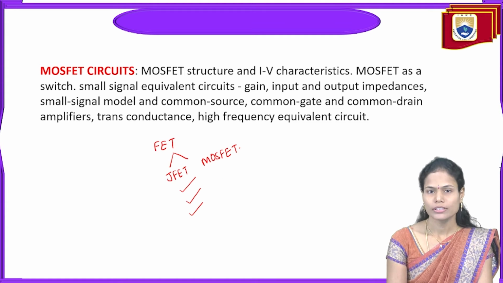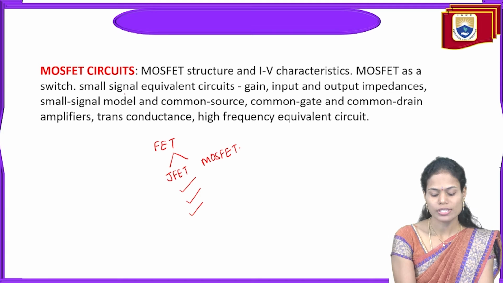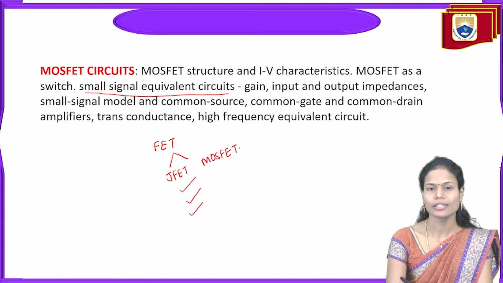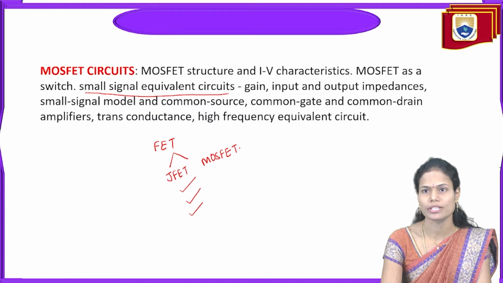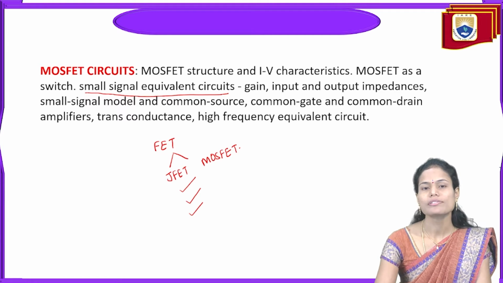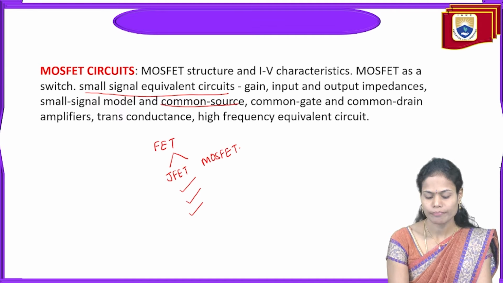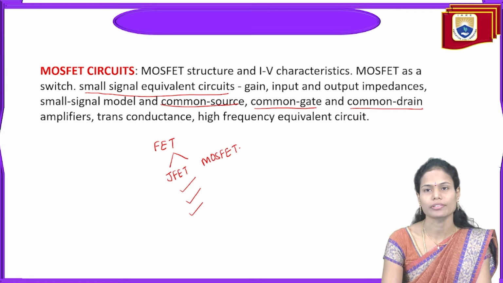And along with that, we are going to discuss small signal equivalent circuits of all the JFETs as well as MOSFETs. And we are going to discuss gain, input and output impedances from that small signal equivalent circuit. And the same small signal model we are going to see for all the types of amplifiers in the FETs. Those are common source amplifier, common gate amplifier and common drain amplifier.